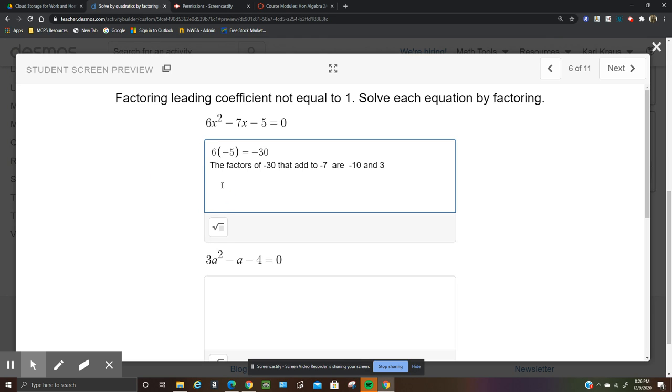So next, I want to take those two numbers and divide by 6. So negative 10 divided by 6, and 3 divided by 6. Simplify those two fractions.